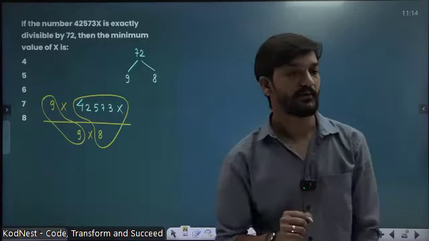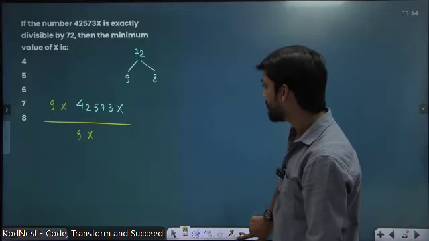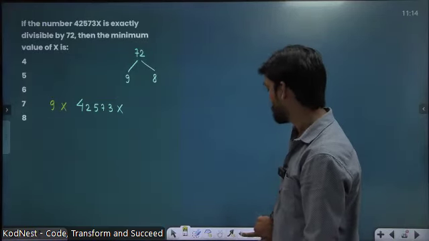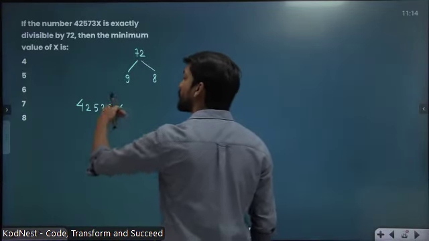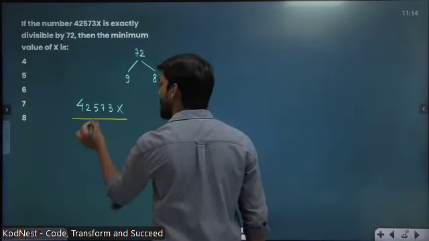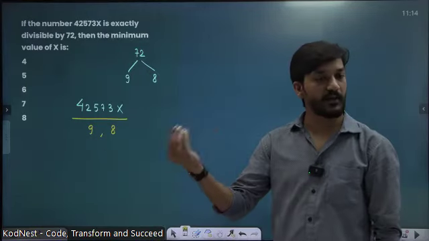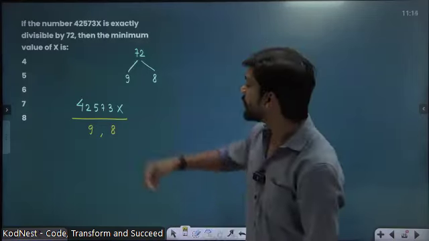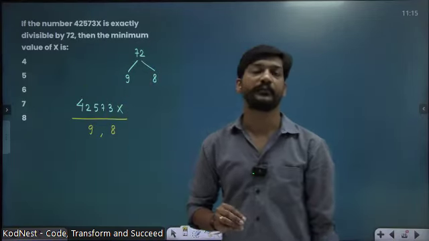Getting my point? Carefully see. Because 9 is not there, no other number is there. This only has to take the responsibility of both. If other numbers are there, we have to see who is taking responsibility of this, who is taking responsibility of this.